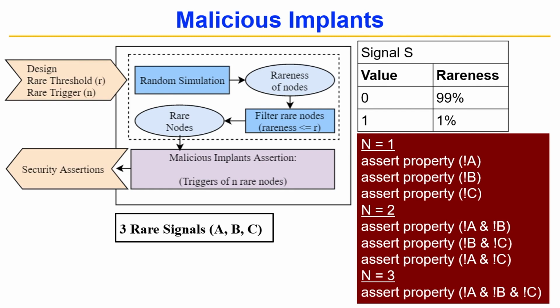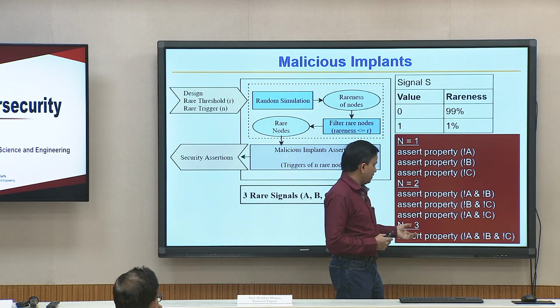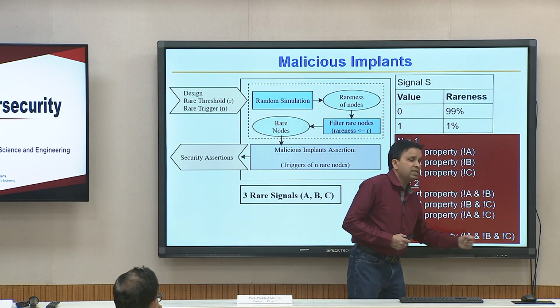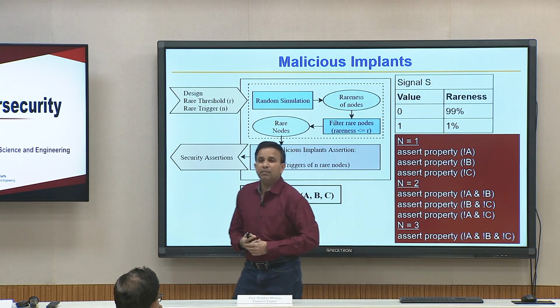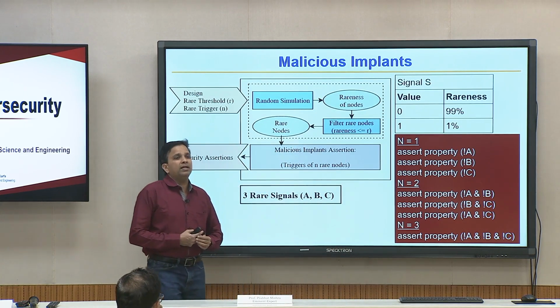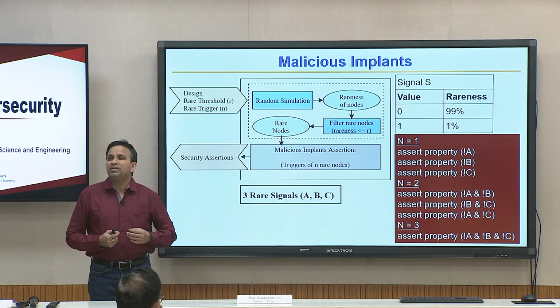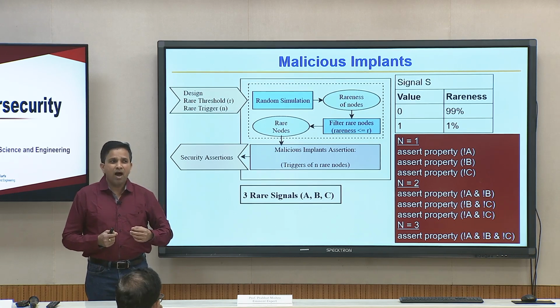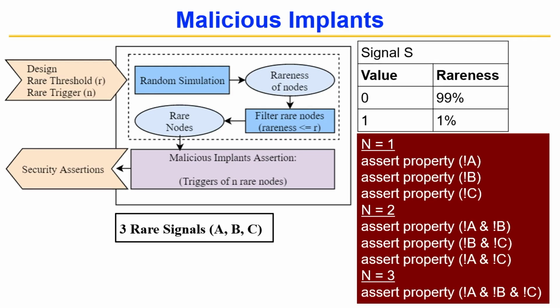If I have 3 rare signals, here are the 3 assertions. If I consider the combinations A, B, B, C, C, A, here are the 3 possible combinations. If I consider all of them, A, B and C, here is the combination. Clearly, unless you put a really high threshold, with too many signals it is going to be an exponential number of assertions.